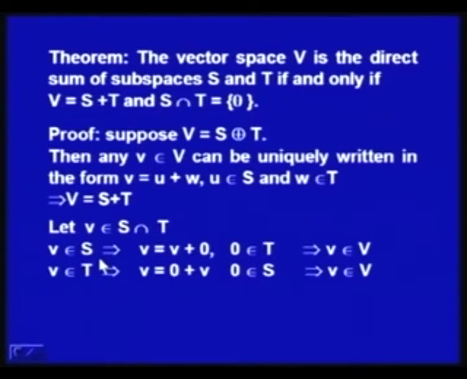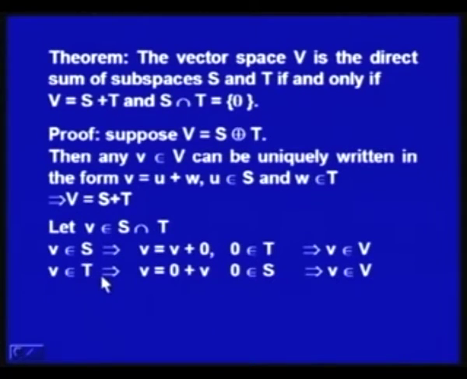So, if v belongs to S, then we can write v is equal to v plus 0, 0 belonging to T and v belonging to S. So, now it is the sum of two vectors, one from S, another from T. So, v belongs to V.